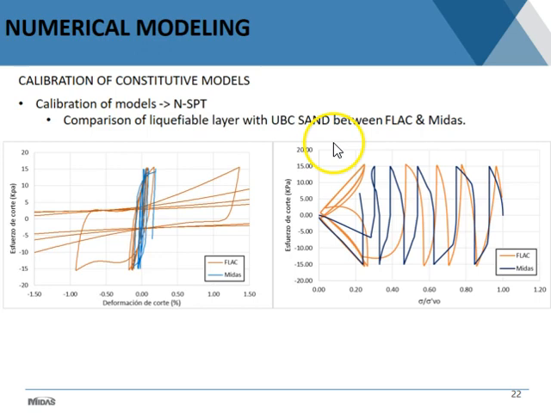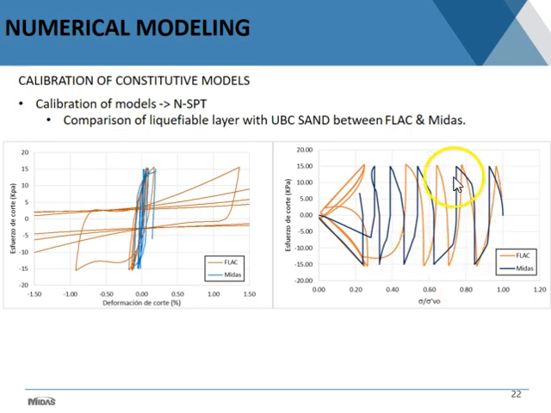I think it's important to realize that even though we're using the same constitutive model with the same input parameters and a simple test for the soil, here just a cyclic shear test, you observe that the curves are not really on top of each other.